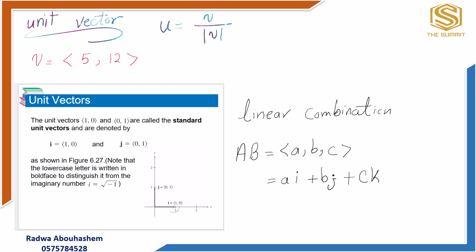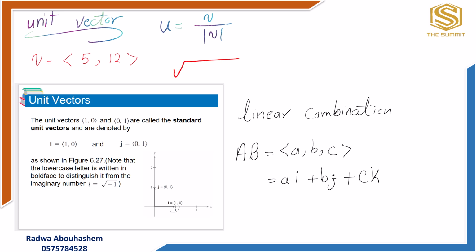Let's go to another concept in vectors, which is the unit vector. A unit vector means that you have a vector with a magnitude of 1 unit, and its rule is to take the vector over its magnitude. For example, here I have vector v (5, 12), and I need to get the unit vector for it. So let's first get the magnitude. Remember the rule? Square them, then take the square root.